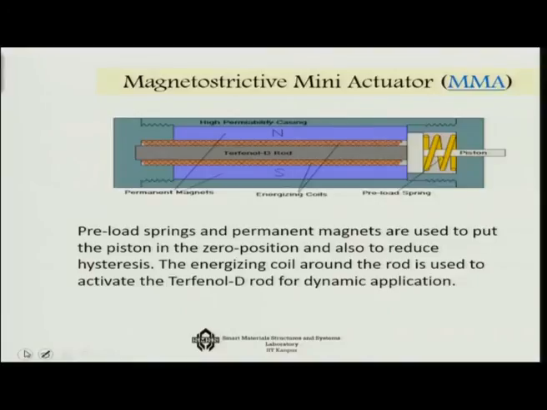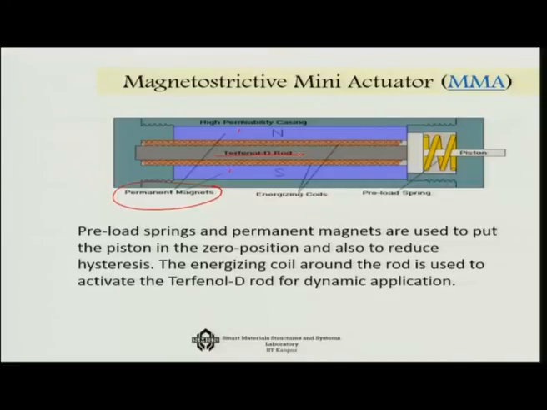This is another application of magnetostrictive systems. It is called the magnetostrictive mini actuator, or MMA for short. This has been developed by Professor Anjanappa's group at the University of Maryland. What you will see here is that there are permanent magnets on the two sides and a Terfenol-D rod in the middle.